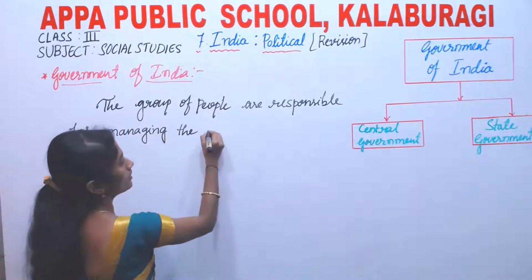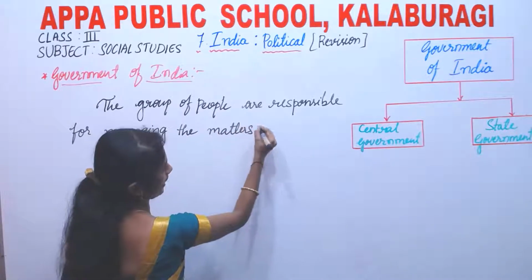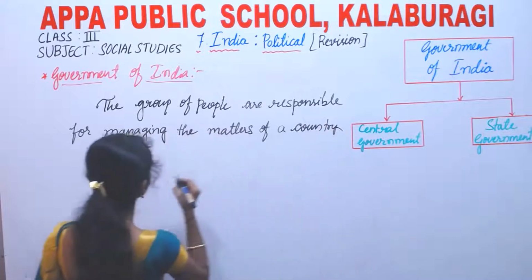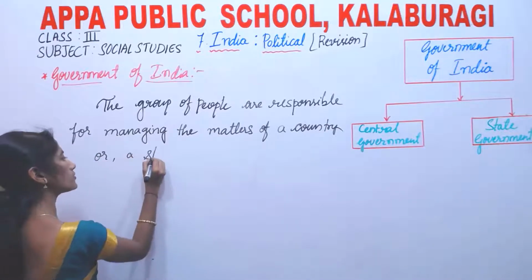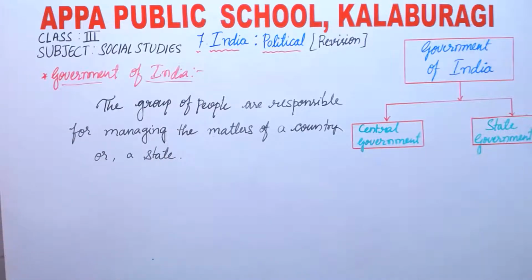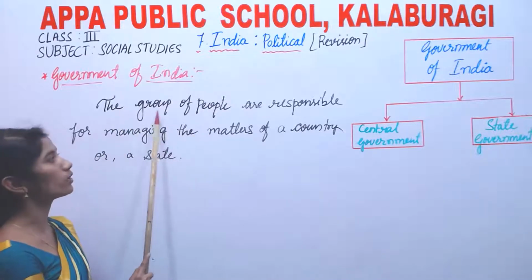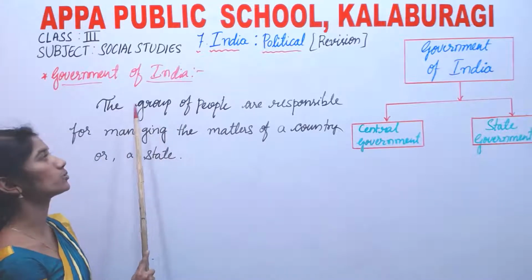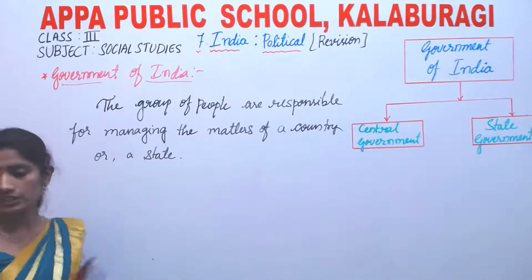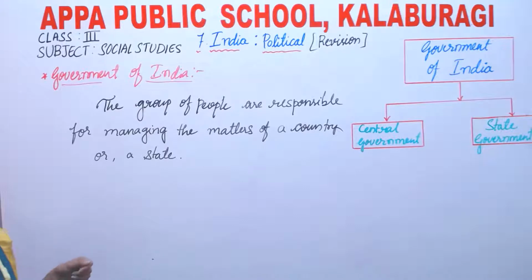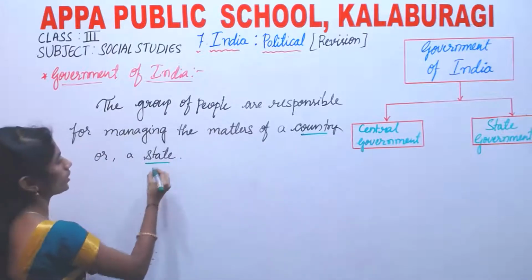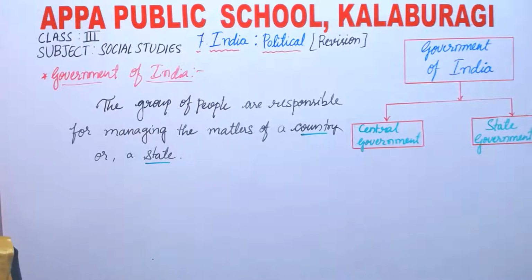The group of people means more than one person. This is called government.